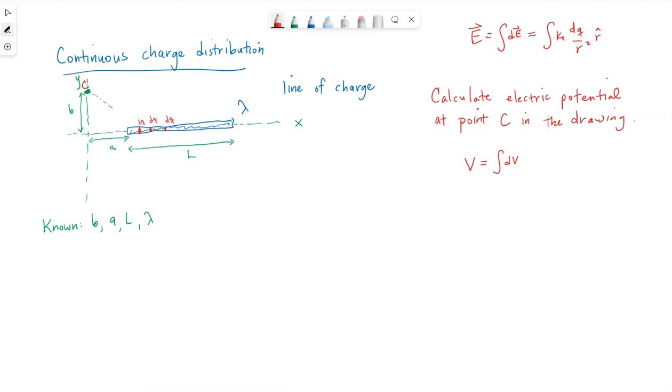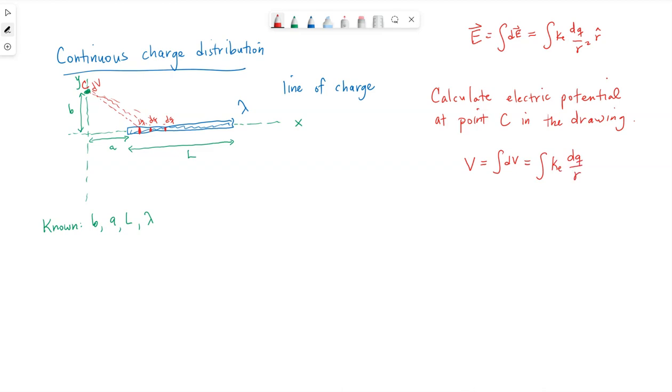Each of these dQs is creating a dV, a potential at that point because of the charge. They're creating different amounts of potential though, because they're differing distances away. Potential though is a scalar. It is not a vector, which simplifies this immensely.